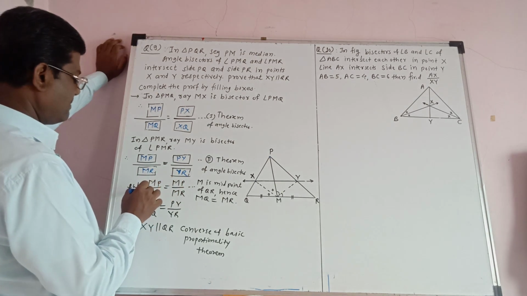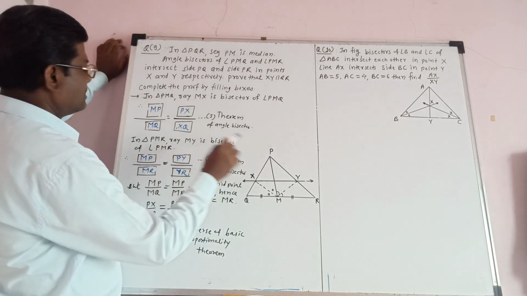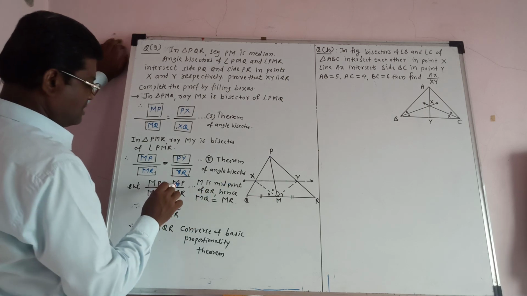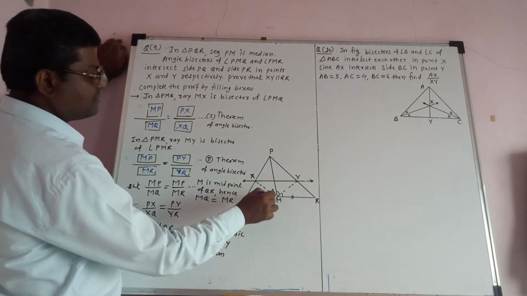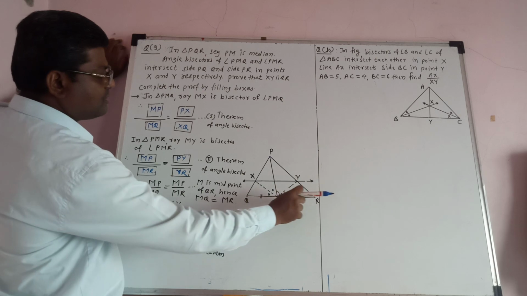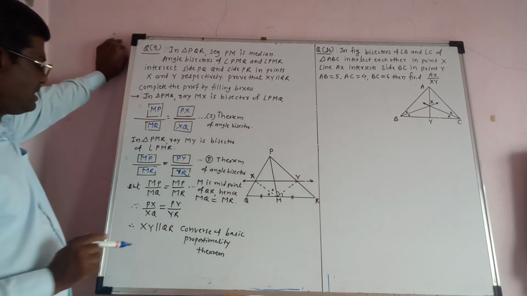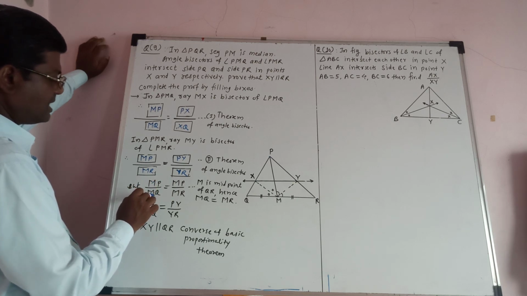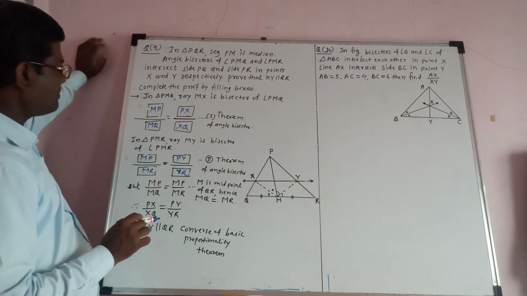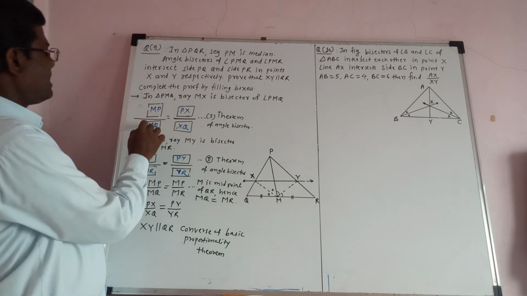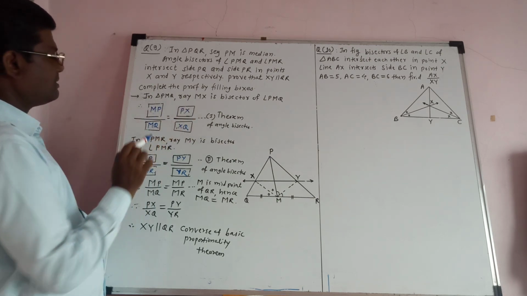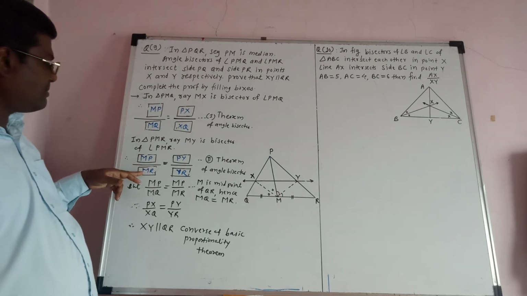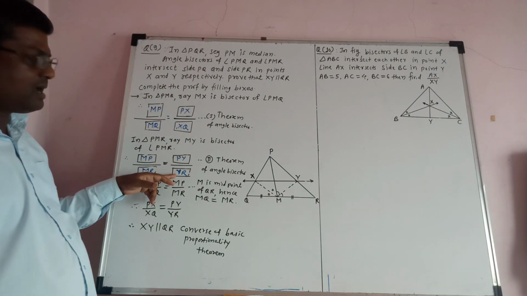Now MP upon PQ is equal to MP upon MR. M is a midpoint, therefore MQ is equal to MR. So MP upon MQ is equal to MP upon MR. Now MP upon MQ is equal to PX upon XQ, and MP upon MR is equal to PY upon YR.